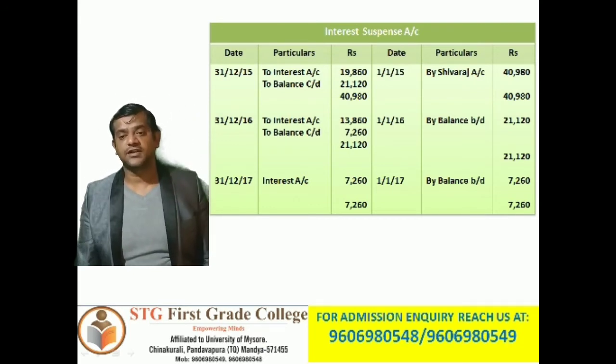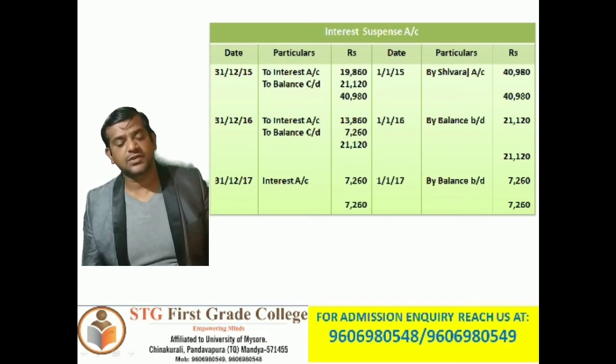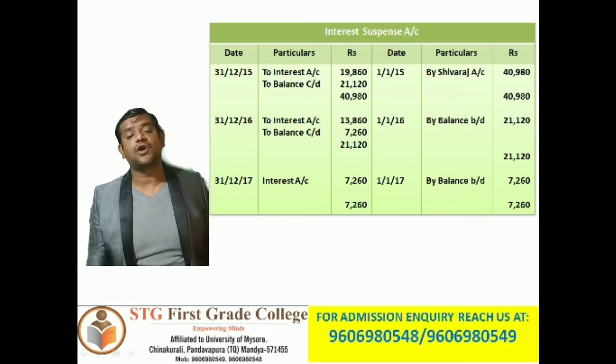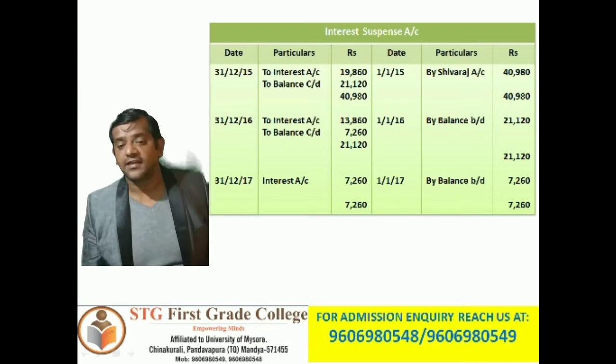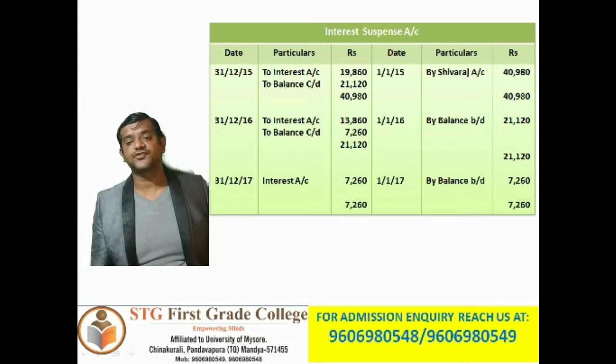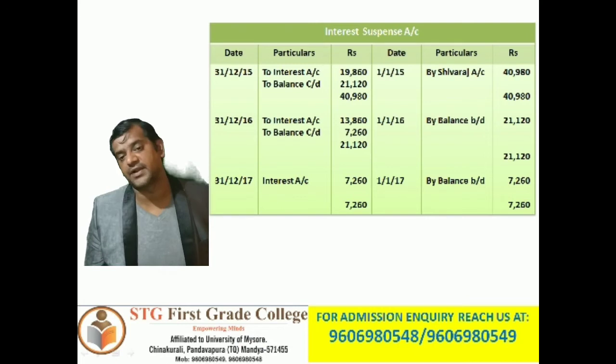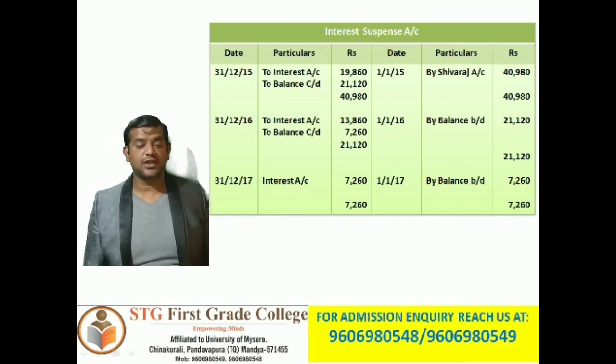Then 31st/12/2015 to interest account. So how much is the first year interest? 19,860. To balance carried down, find the difference. 40,980 minus 19,860. Balance carried down will be 21,120. So now both side totals are 40,980, 40,980.